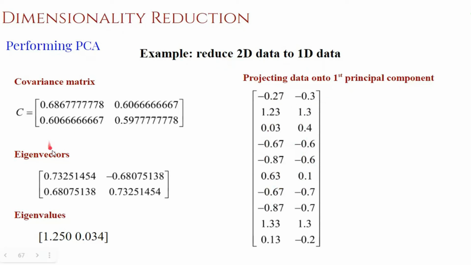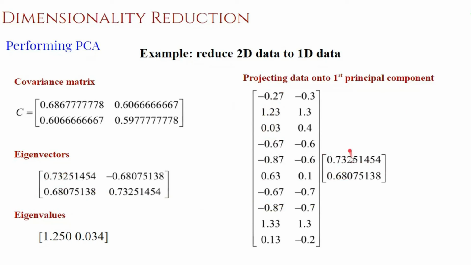to the largest eigenvalue. The largest eigenvalue is 1.25. Its corresponding eigenvector is this column vector. So let us take that column vector and put it here. Now if we look at the dimension of the matrix, we have 10 entries and 2 columns, so this is a 10 cross 2 matrix.